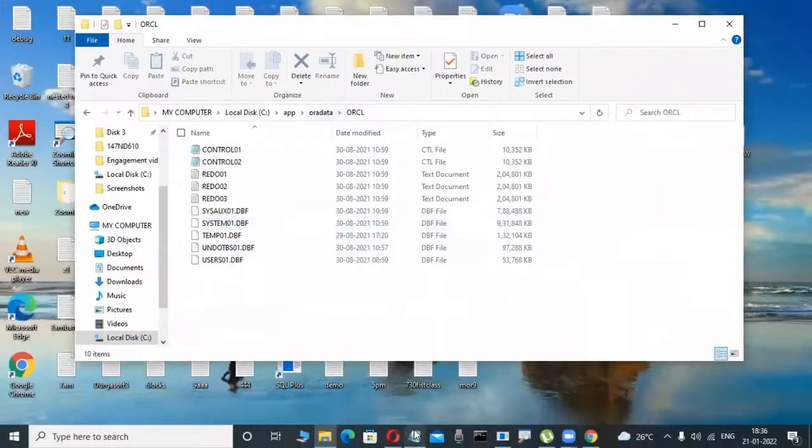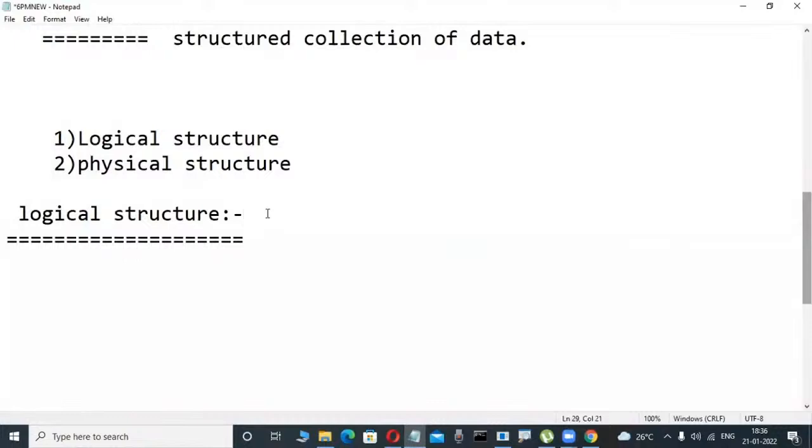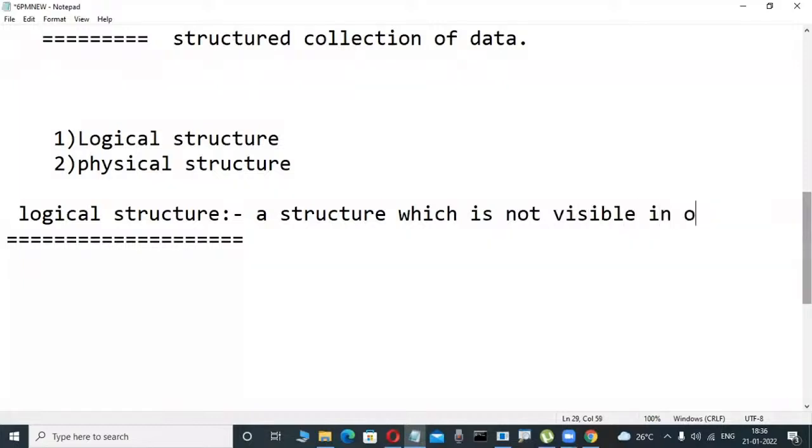Now what is a logical structure? Don't write it. A structure which is not visible in the operating system, in the OS, is called the logical structure of the database.